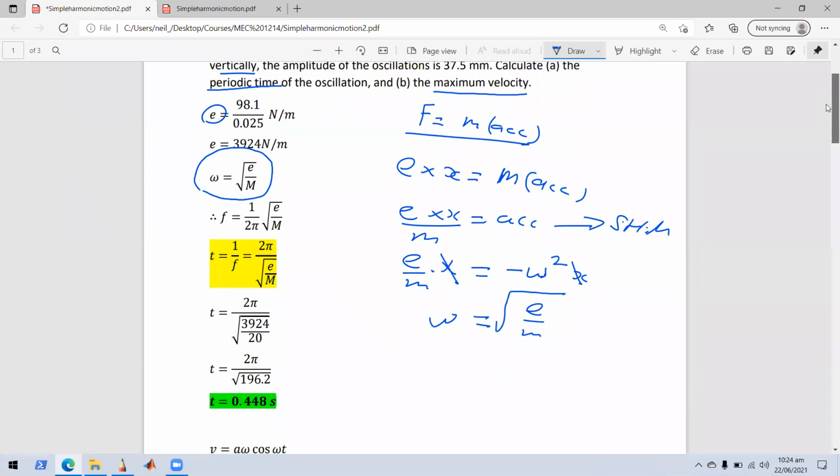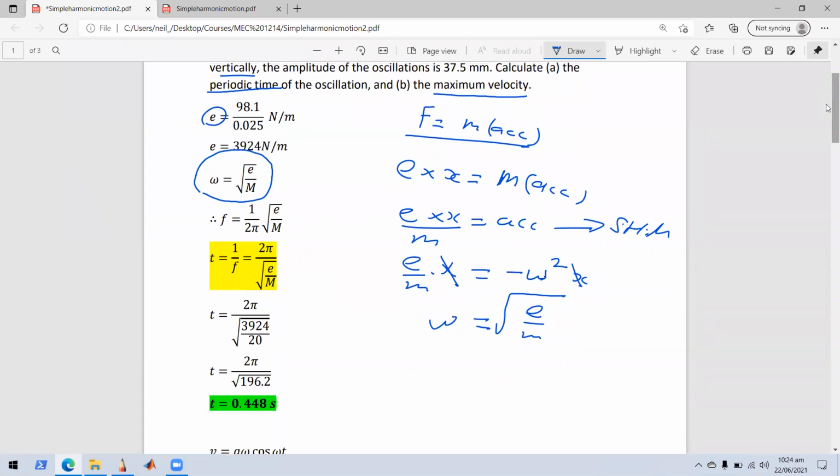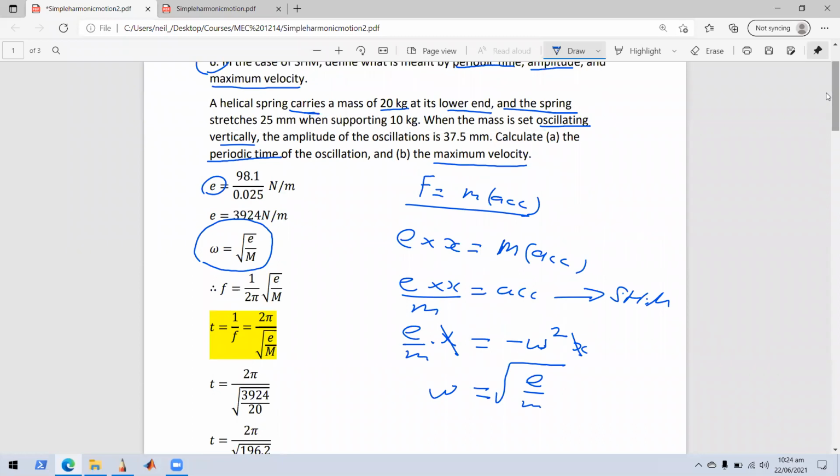Sure, so how do you drop the minus sign? That's a good question. Technically, this force here is actually minus because of the direction it's going. And the acceleration, how we characterize that acceleration, would be minus or plus depending on the direction, and this force would have to match that.